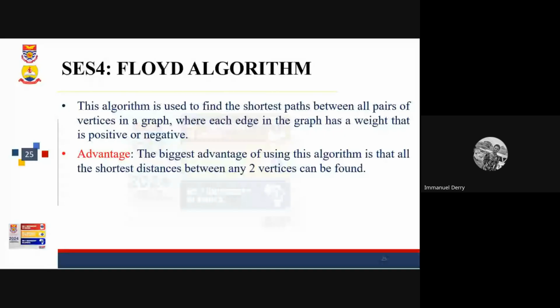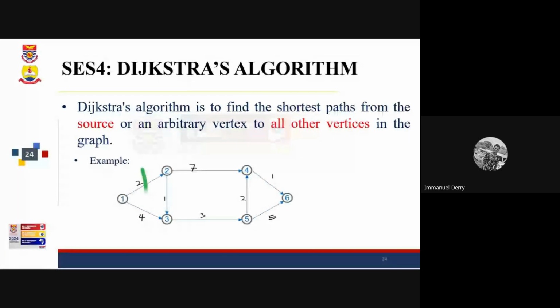So we are adding the weights to get the shortest path. This is the weight for 1 to 2, and this, and then this. When we add the weights here, we get 10, which is the least compared to any other one that we have.